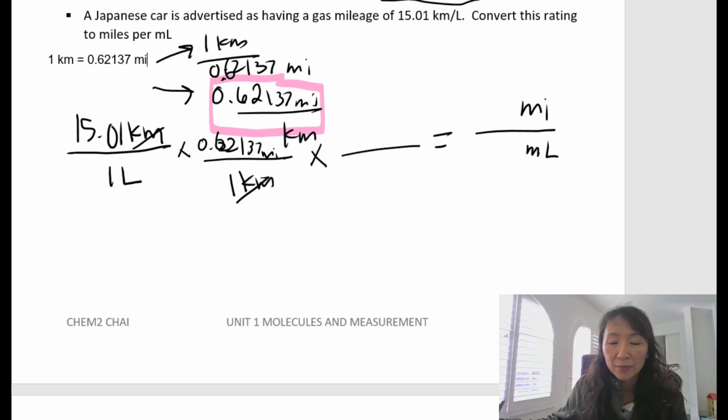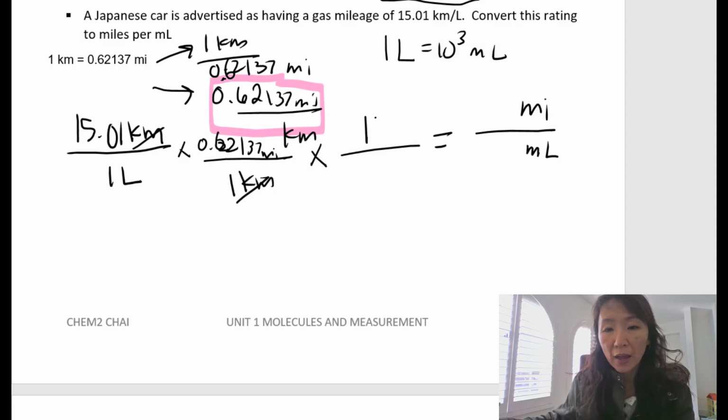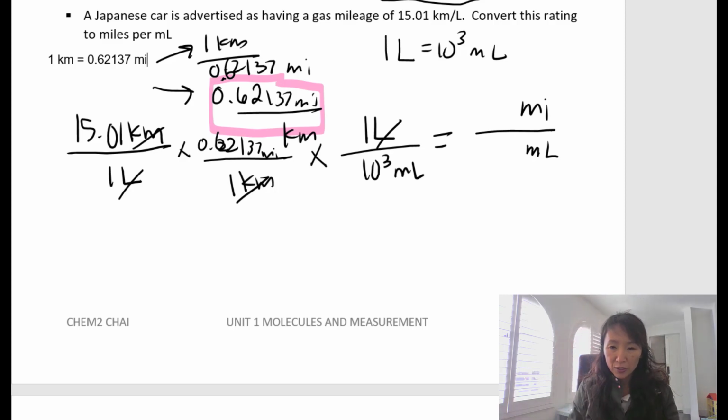The liters: every 1 liter is equal to 10 to the third milliliters. Therefore, we can use a fraction form with 1 liter on top and 10 to the third milliliters on the bottom. So liters cancel out and you're left with just milliliters.